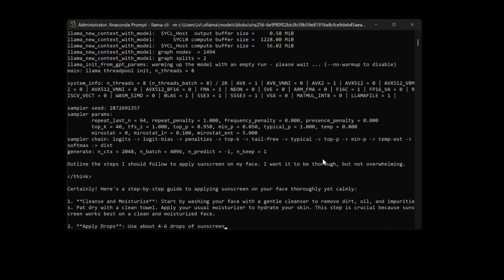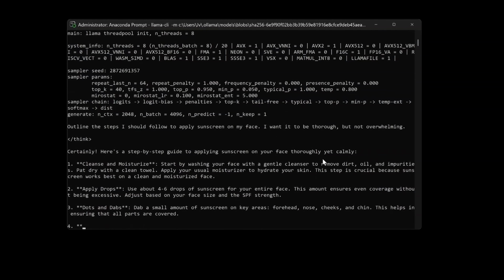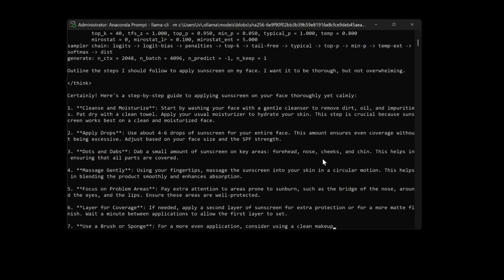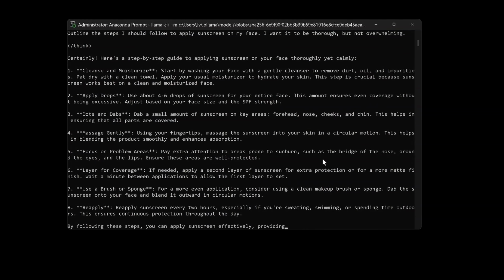Again, as mentioned in my previous video, what I did was purely for my technical experimentation with DeepSeek R1. I did not follow any steps suggested by the language model.